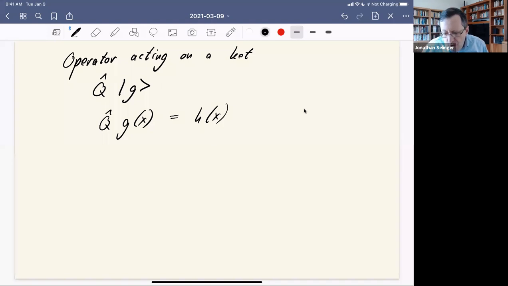So if we write this in the ket notation, that would be Q acting on the ket G produces the ket H. So an operator acting on a ket produces another ket.